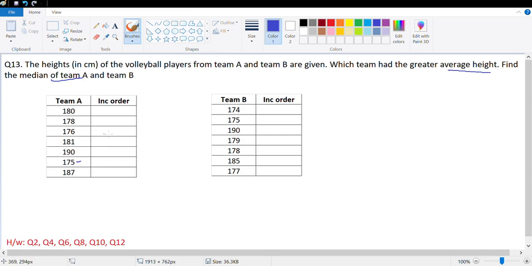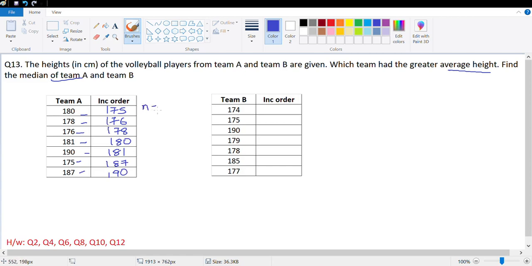So this is 175. Next is 176. We have a 178, we have a 180. Next we have a 181. Next we have 187. And in the end we have a 190.